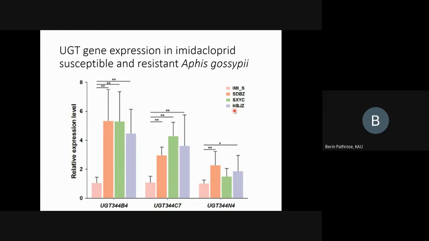They collected this aphid from Bt cotton and studied their susceptibility to imidacloprid. This first bar is the imidacloprid susceptible aphid they maintained in their lab, and these three are the resistant or field populations they collected. See the expression level.